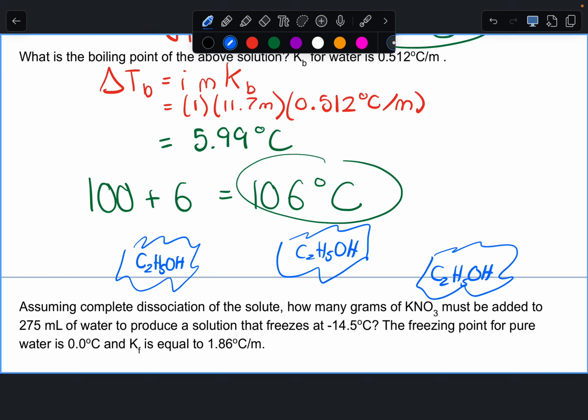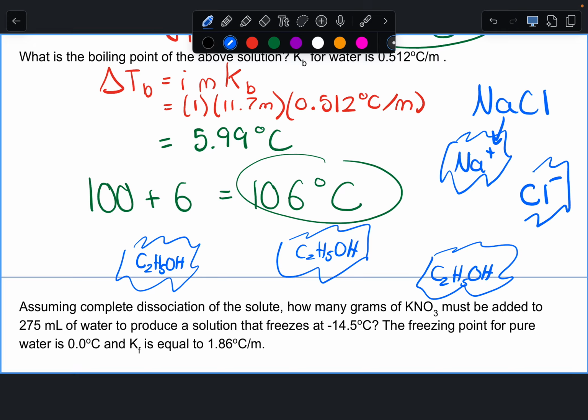If I had something like sodium chloride, though, when sodium chloride goes into water, it breaks up into sodium plus and Cl minus, and then those all get surrounded by water. So if I had 100 sodium chloride units, I'd actually end up with 200 individual little things in the water.